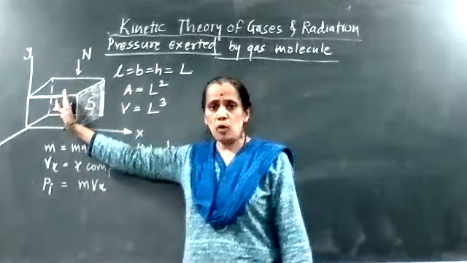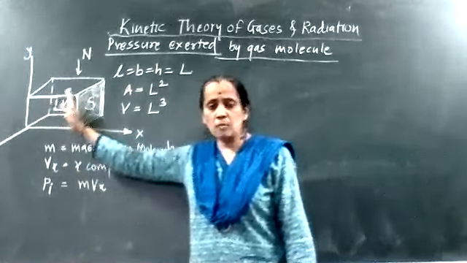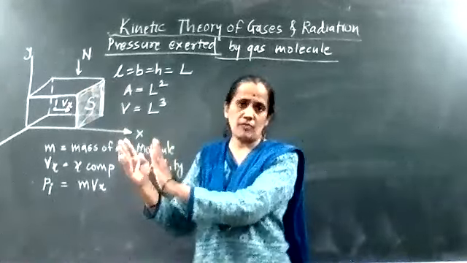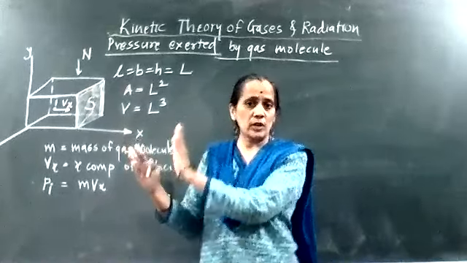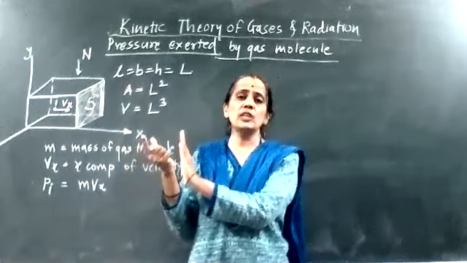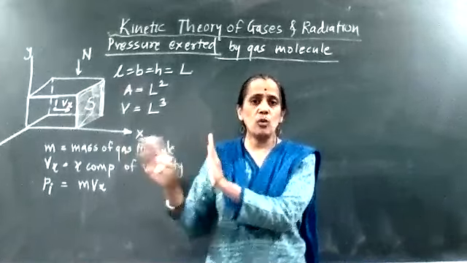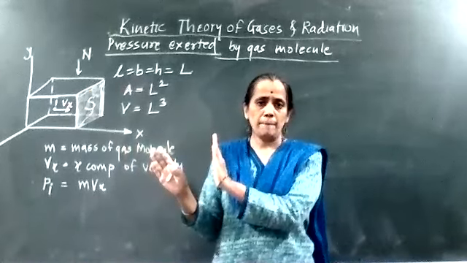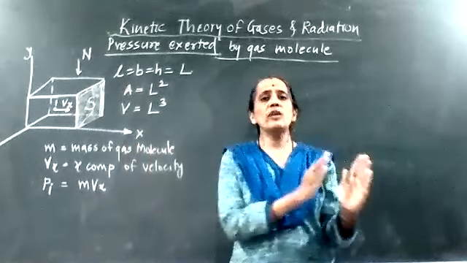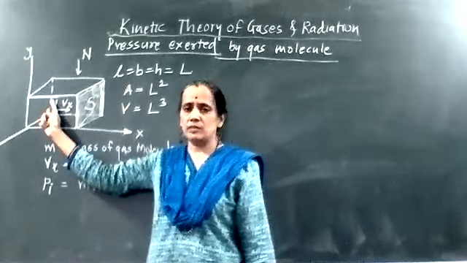Now, when the molecule starts traveling from the origin and comes to surface S, it will collide on the S surface. According to the concept, when a gas molecule collides with the surface, the collisions are elastic. Collisions are elastic means what? There is no loss of energy. So energy will not be lost, but the molecule will rebound. So the molecule changes its direction of velocity.